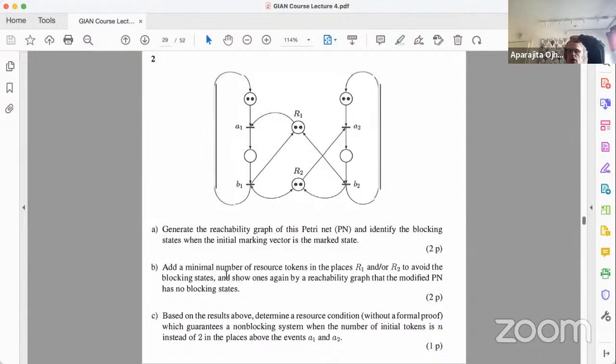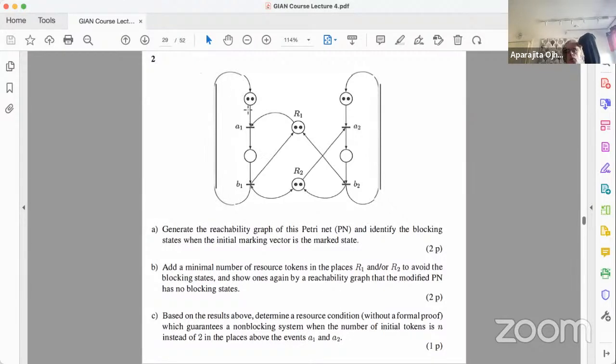So then add a minimal number of resource tokens in the places R1 and R2 to avoid the blocking states and show once again the reachability graph to the modified Petri net. Based on the results above, determine a resource condition without formal proof which guarantees a non-blocking system when the number of initial tokens is n instead of 2 in the places above the events A1 and A2.